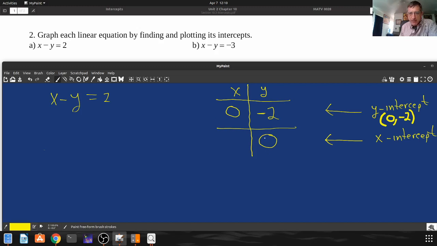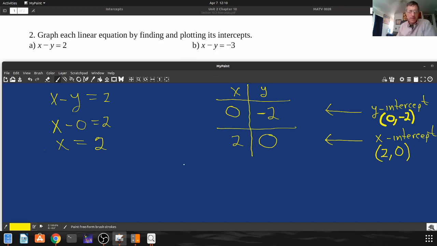To find my x-intercept, set y equal to 0 and solve. So it gives me x is equal to 2. And this point here, 2, 0, is my x-intercept.